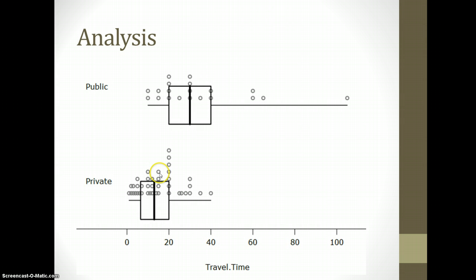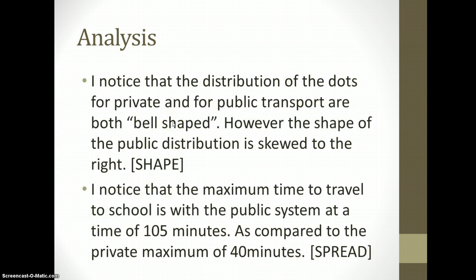And on yours I'll probably see the median circled, the lower quartile dot circled, and the upper quartile dot circled, or maybe it's a line as opposed to the gap. Also, you would not draw your box and whisker plot on top of your dot plot. You would draw it in the space above it.